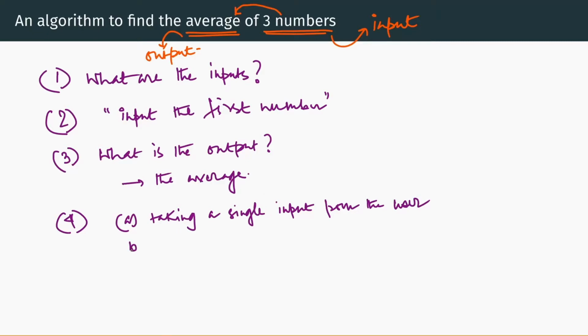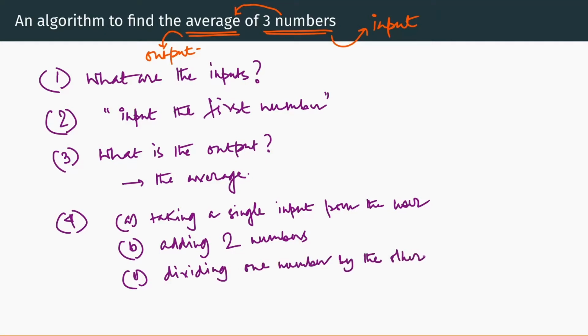The second operation it can do is adding two numbers, okay, not more than that. The third one is dividing one number by the other. And the fourth one is displaying a number.